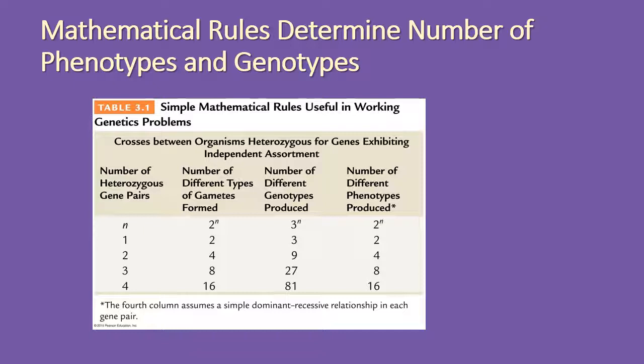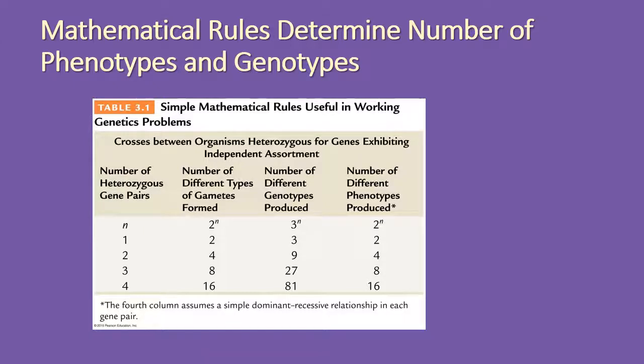So notice on the previous slide it said that there was 8 genotypes for a trihybrid cross. We know there's 4 different genotypes for a dihybrid cross. So if you look, or gametes, not genotypes, gametes.